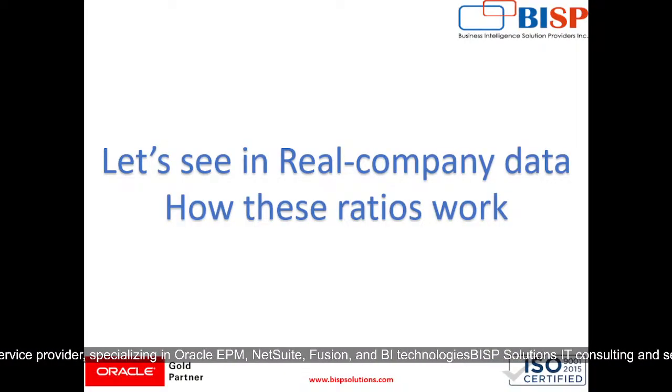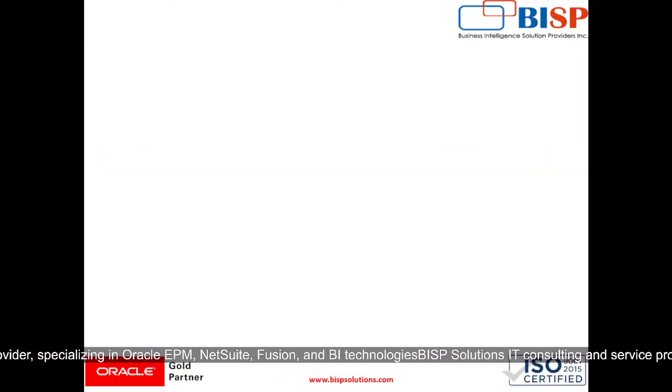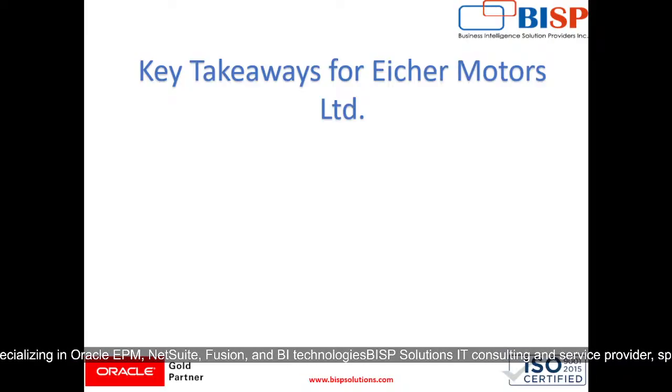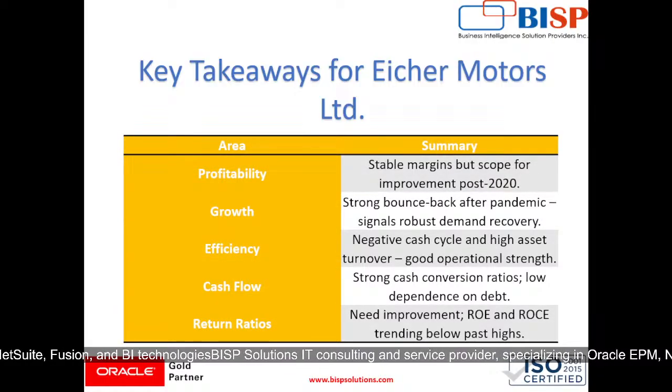So we have done our ratio analysis for our Eicher Motors. So profitability, it is stable margins but scope for improvement post 2020 is there. Growth, strong bounce back after pandemic signals robust demand recovery.